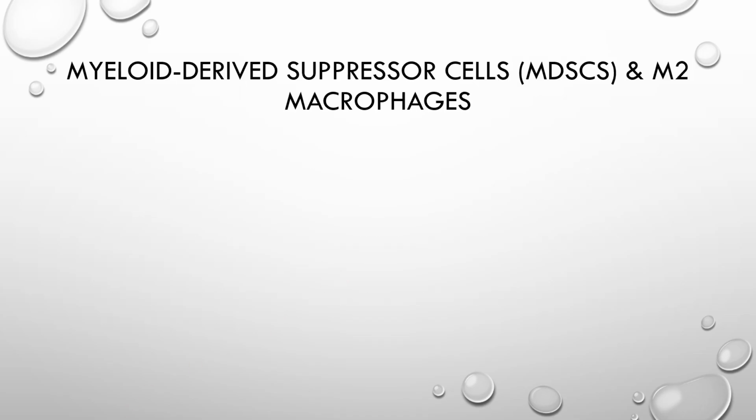So you will often see this terminology, MDSCs, myeloid-derived suppressor cells, and M2. I've talked about the M2 macrophages, where M1 is converted to M2 in the tumor microenvironment, a suppressive environment.